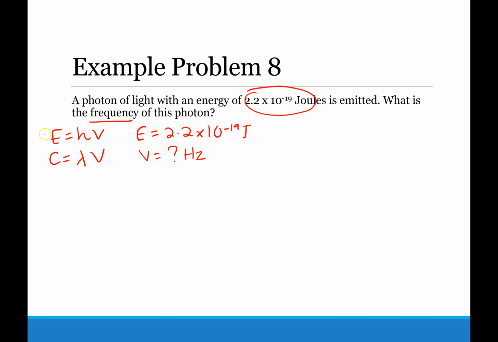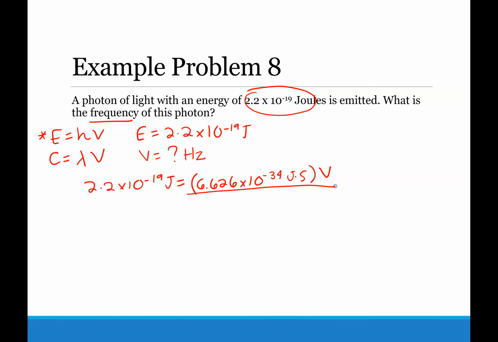And so the formula that we're going to use here is E equals h times v, where h is going to be Planck's constant. So E, which is 2.2 times 10 to the minus 19 joules, equals h, which is Planck's constant, 6.626 times 10 to the minus 34 joule seconds, times v.